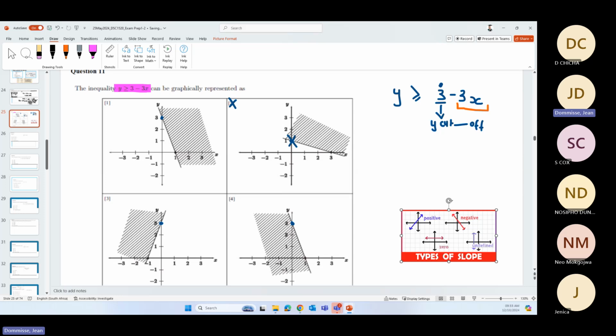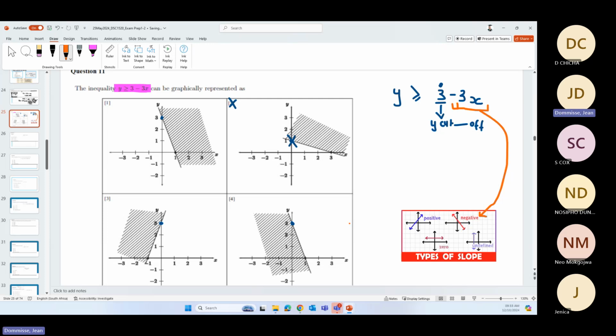Now we can see the types of slope. We know that the slope is minus 3, so it's a negative slope. If we look at that negative slope, we can identify that is how your slope is going to run.